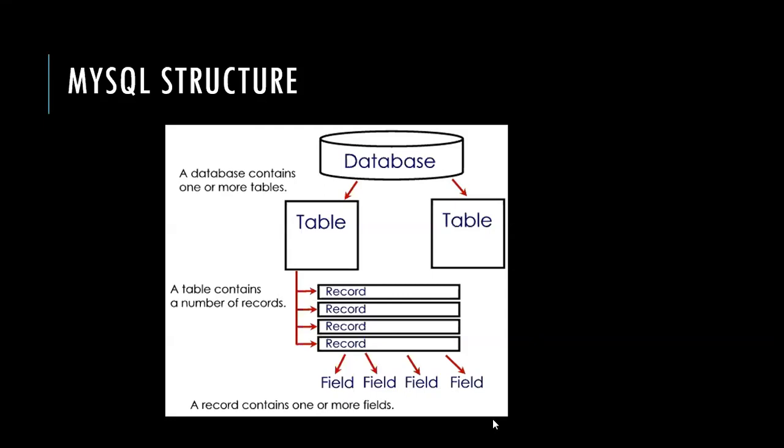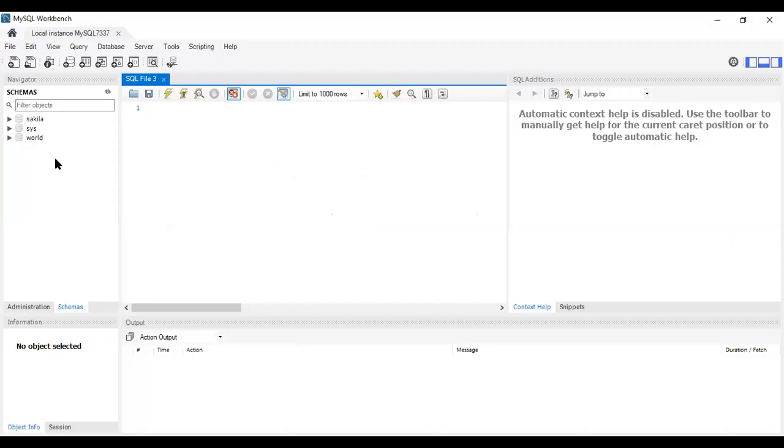Now let us go back to Workbench. At the top of the hierarchy we have the database, under the database the tables, and under the tables the records. Now I want to see what databases are available in the MySQL server presently, because I have not created a single database till now.